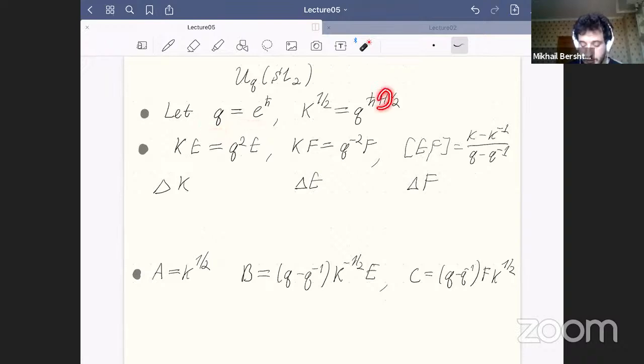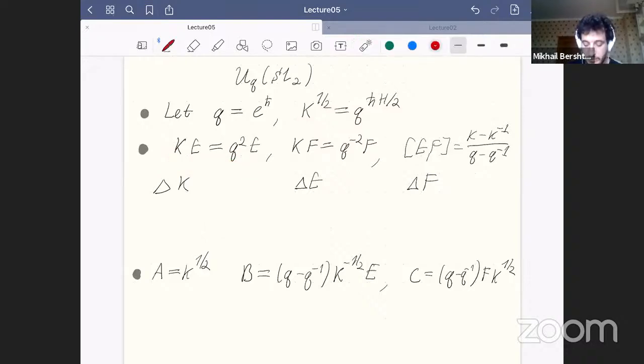The exponent of this Cartan element will be denoted by K, and in that story we always need some square roots. So originally, in the definition, I defined that we have not only K but also the square root of K. The relations between K and E, and K and F, are the following.